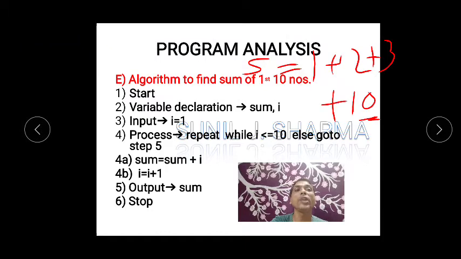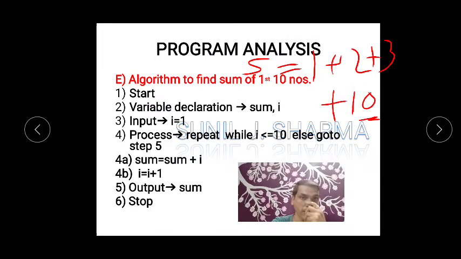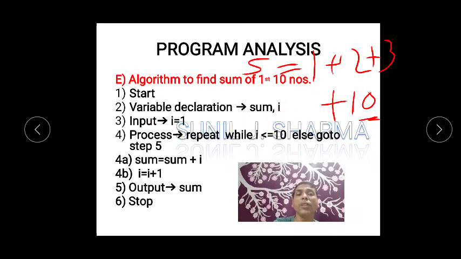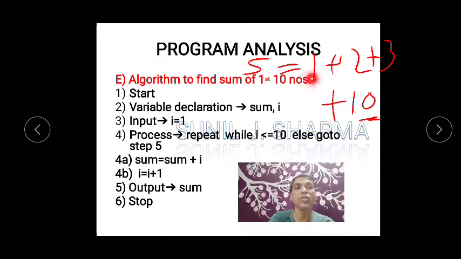Now you don't have to take 10 variables, or 11 variables. Here we can do this with only 2 variables. Sum is one of the variables, I is also one of the variables. Can you see the initial value? Initial value is 1. So that's why I taken I is equal to 1.